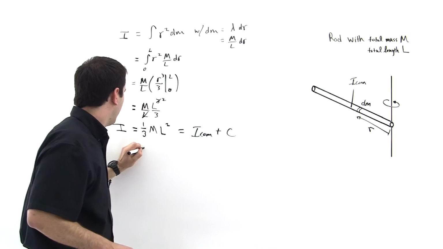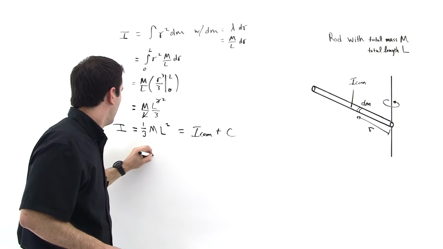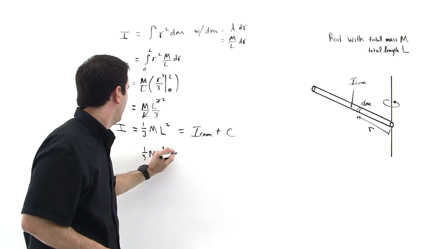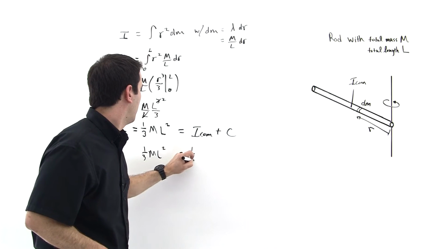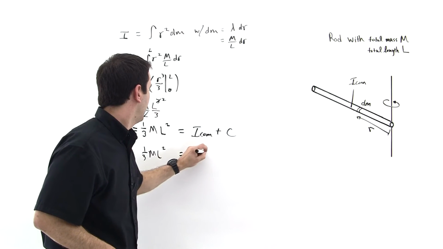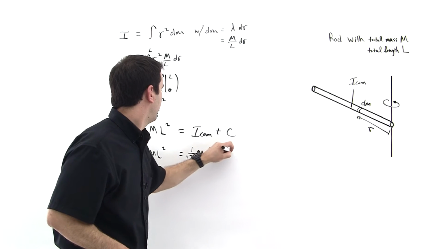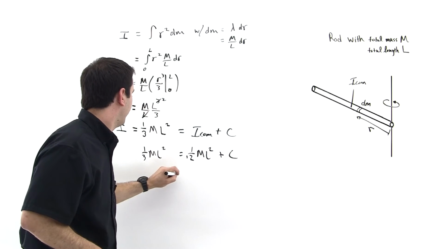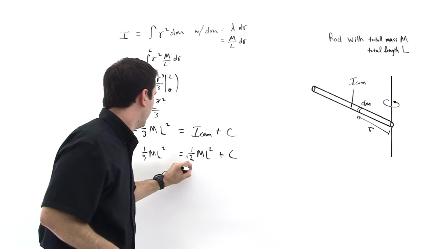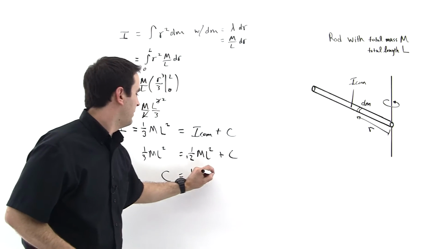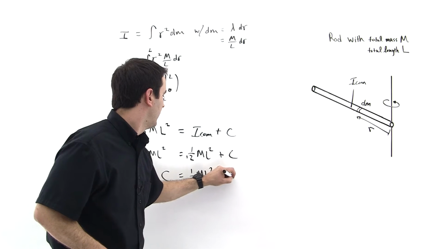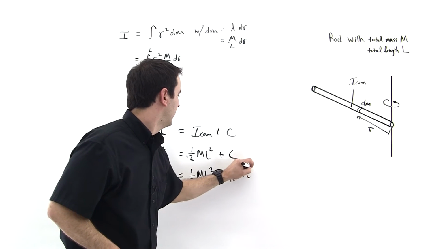So then we have 1/3 M L squared is equal to 1/12 M L squared plus C. So then let's solve for C. C is equal to 1/3 M L squared minus 1/12 M L squared.